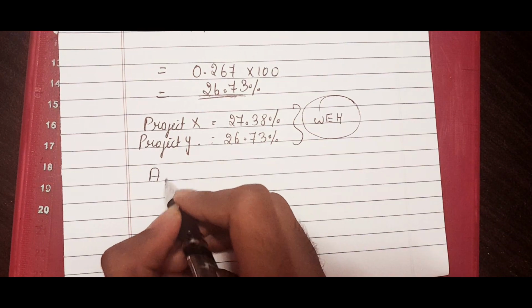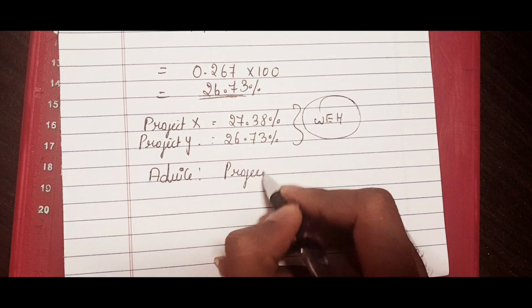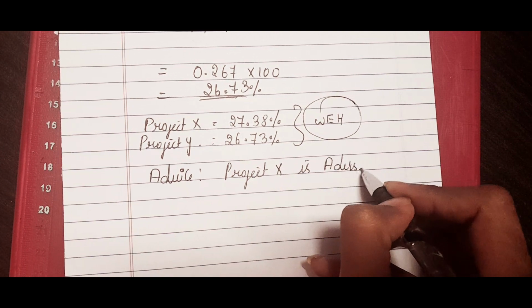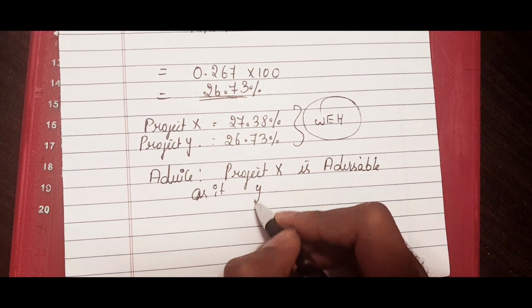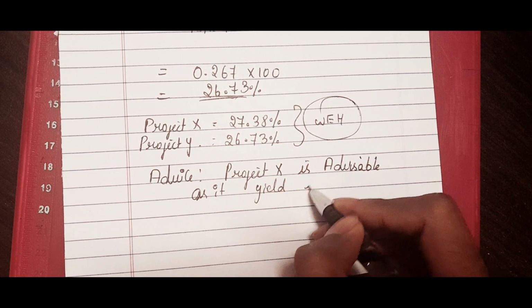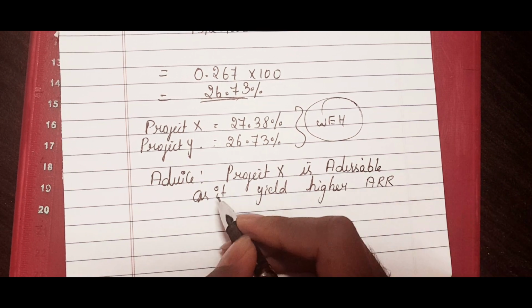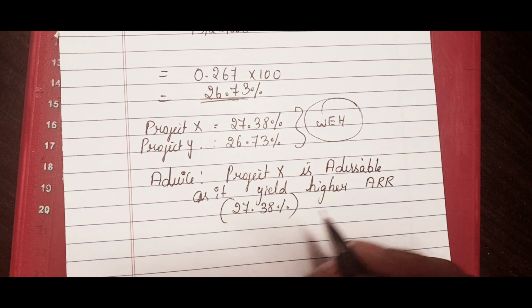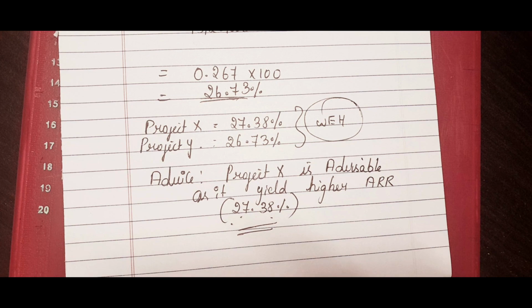So we need to advise the company: project X is advisable as it yields higher average rate of return. In bracket you can write 27.38 percentage.